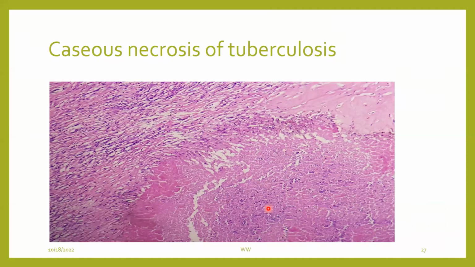We are seeing some nuclear debris, and we are seeing the pink cytoplasmic contents, which have become homogenized, and because this is more extensive, it's not a single cell, they join up and we see confluent necrosis. We call it confluent necrosis because the cells have broken down and all the cytoplasmic and nuclear contents have spilled out and are breaking down.